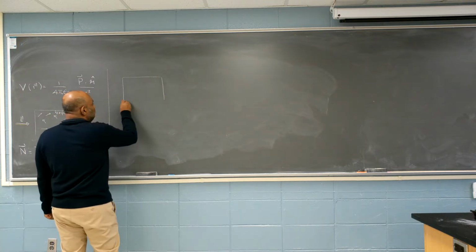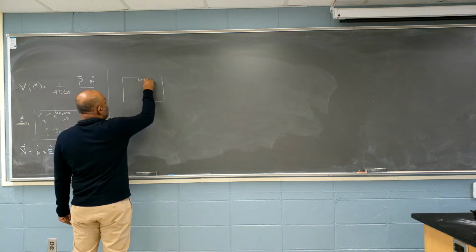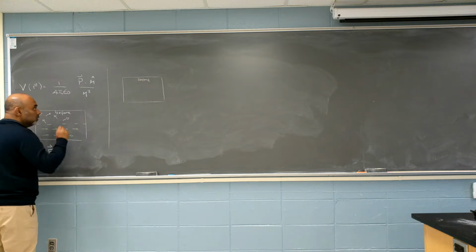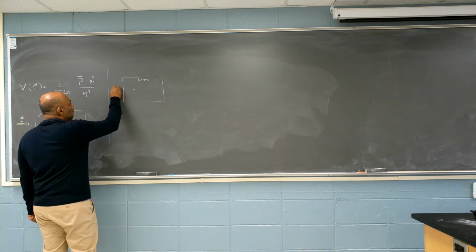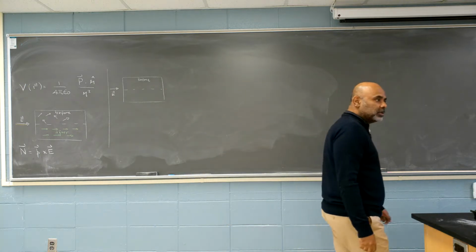So again, let me do it this way. This is before. Okay. I'll sort of divide before and after. And all of a sudden, you slowly turn on the electric field. Now what's going to happen?